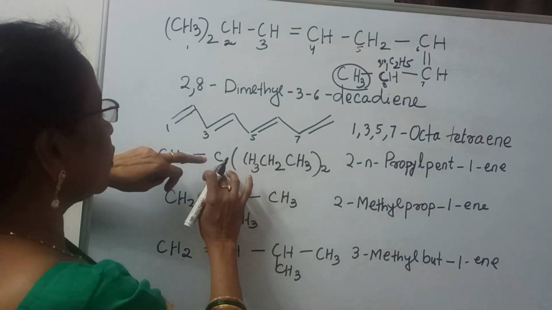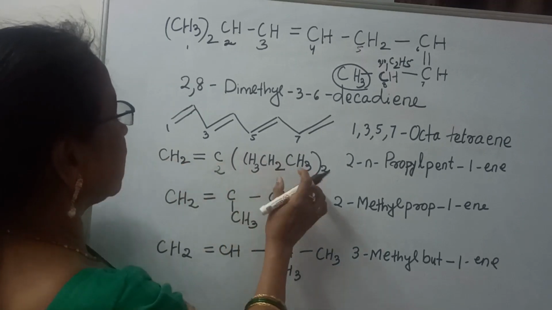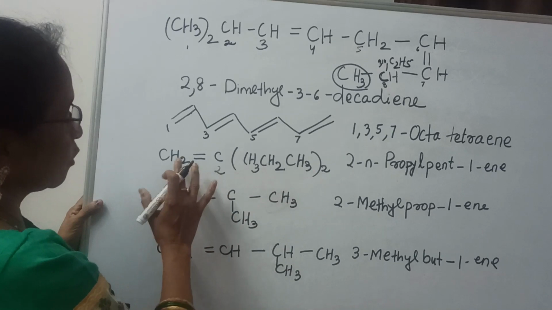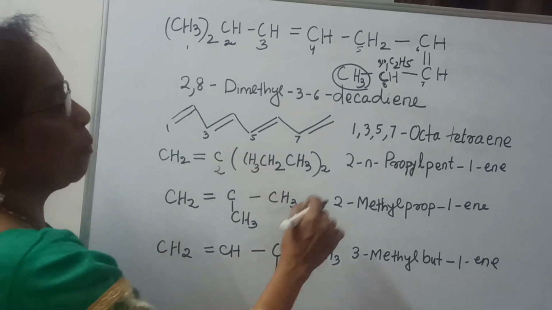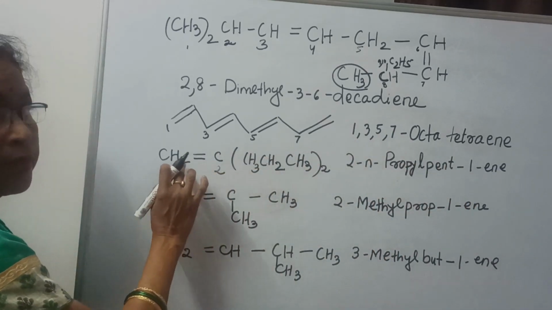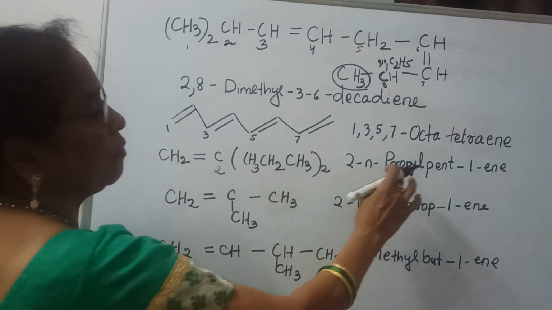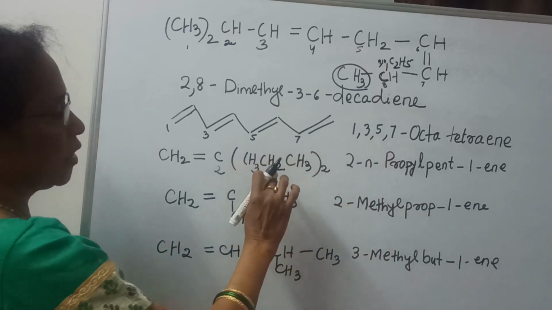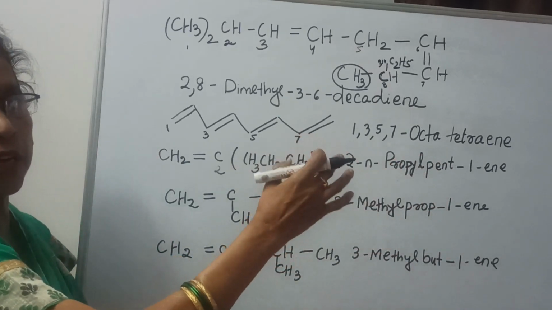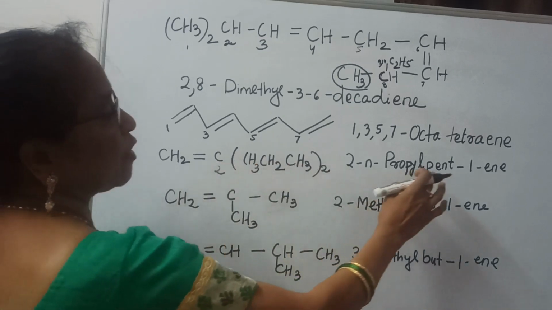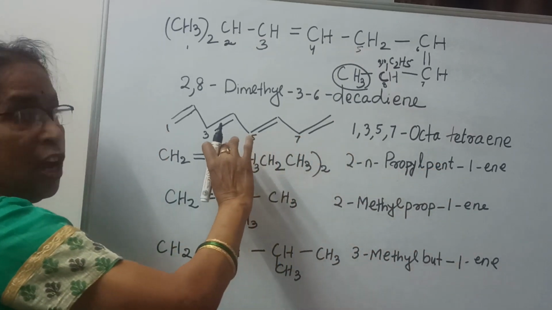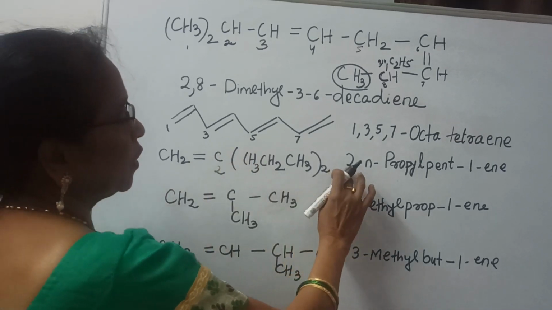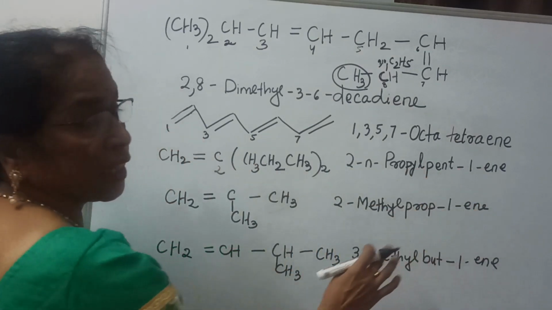So in 2 position that propyl group is there, 2-propylpent, total carbon 5. So pent-1-ene, because after 1 there is a double bond. Total carbon 5, and the branch, longest chain 5, not total, you can tell the longest carbon chain is pent, and propyl is the branch chain on position carbon 2. So it is 2-propylpent-1-ene.